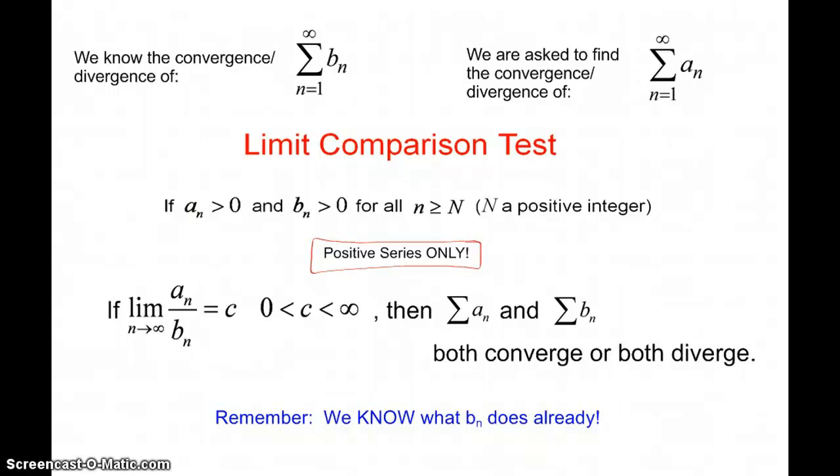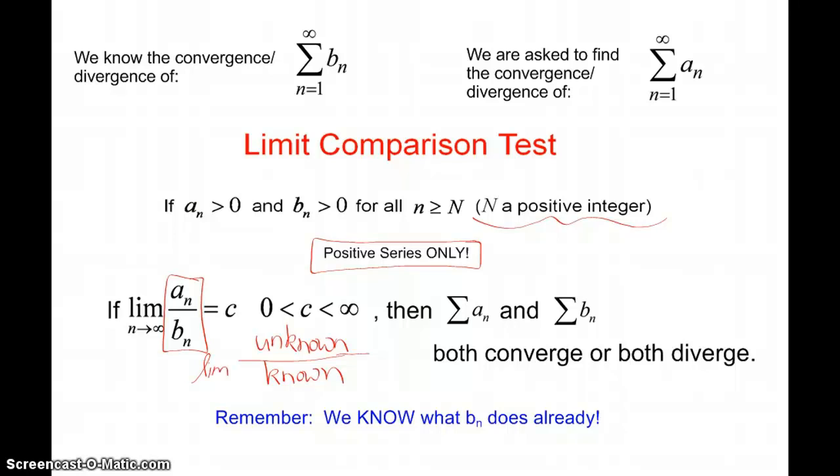A sub n and B sub n both must be positive series. In other words, we're only getting positive values out. Our sum, A sub 1, A sub 2, A sub 3, A sub 4, is only made up of positive terms.